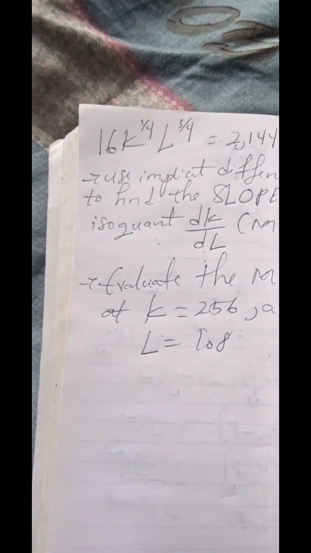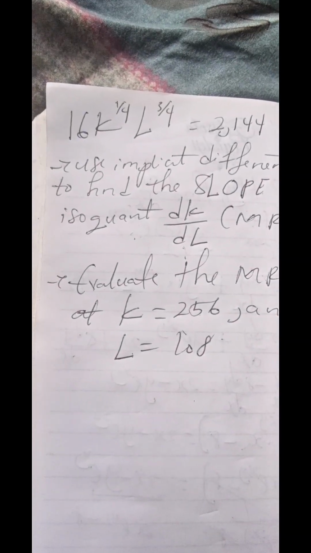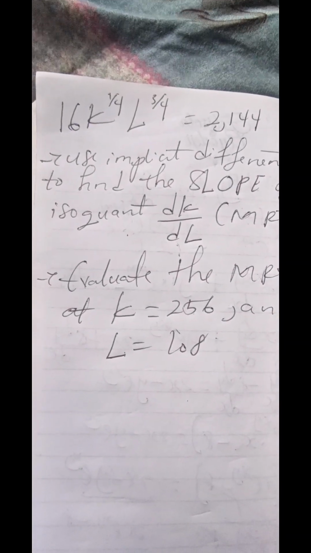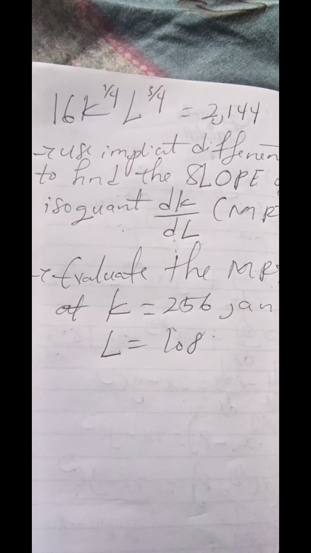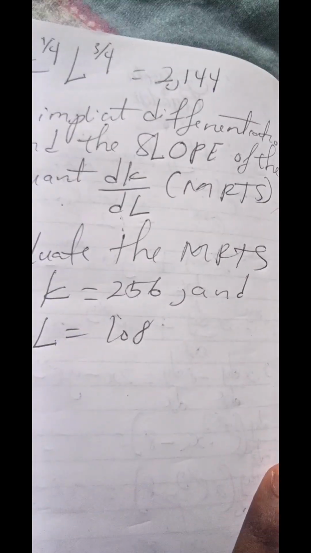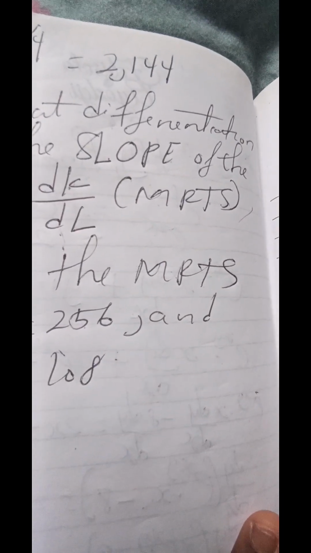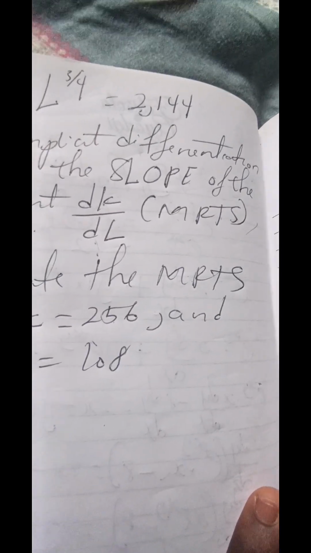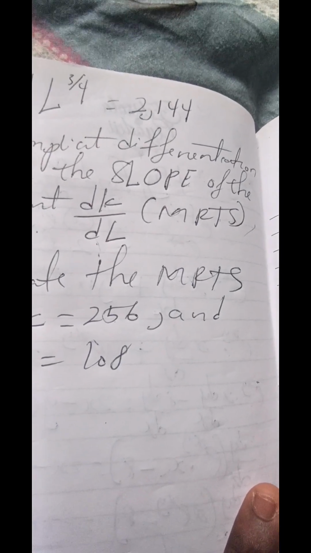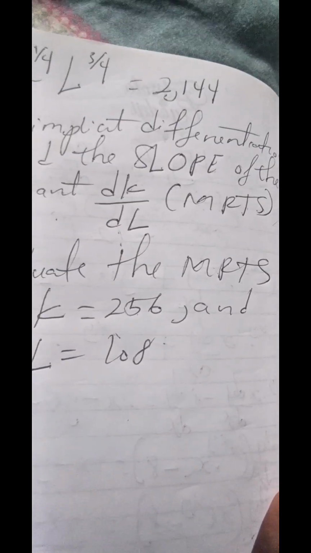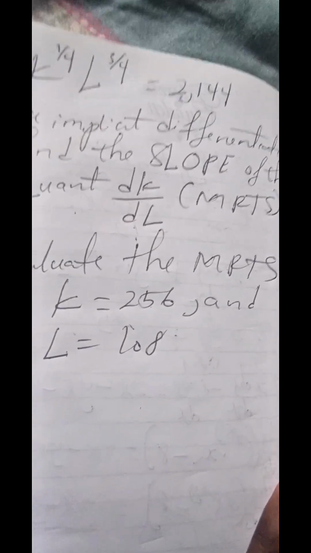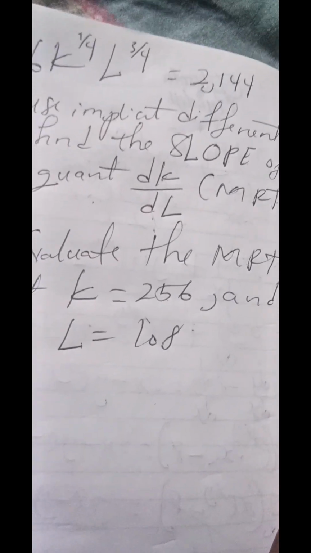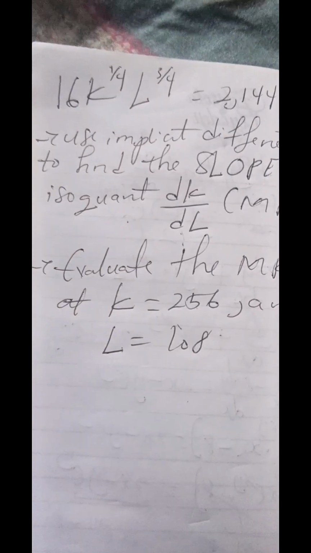The question says use implicit differentiation to find the slope of the isoquant, and that's dk by dL. That's how much capital changes with respect to labor. That's also known as the marginal rate of technical substitution: how many units of capital you have to employ with respect to a change in units of labor. Forgive me for using "basically" too many times.